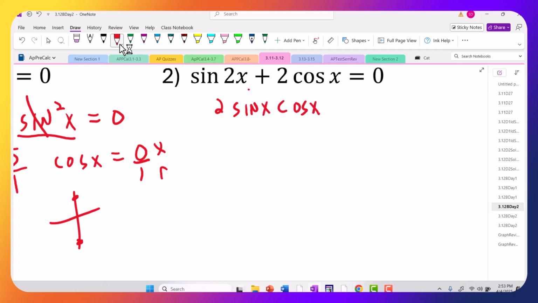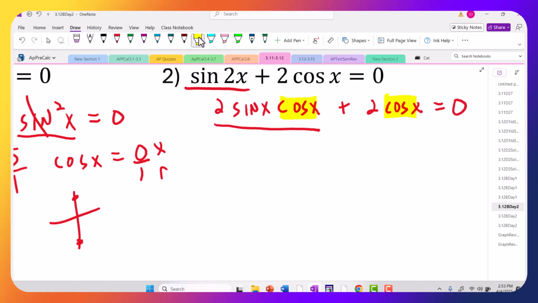So understand what a formula sheet is. It means I can replace this with that. And there's nothing else I could do for you on that. If you don't get replacement and substitution, I recuse myself from any other responsibility with your education. You must figure this stuff out. Then what did I just identify? A common factor.